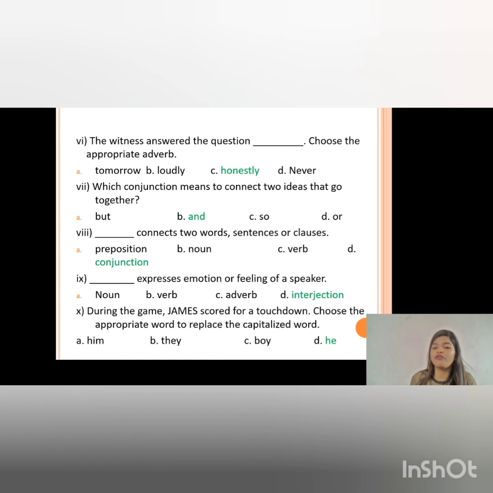Expresses emotion or feeling of a speaker: interjection. And during the game James scored a touchdown. We have to choose an appropriate word to replace the capitalized word. A pronoun replaces a noun, and James here is a noun, so he is the correct answer.